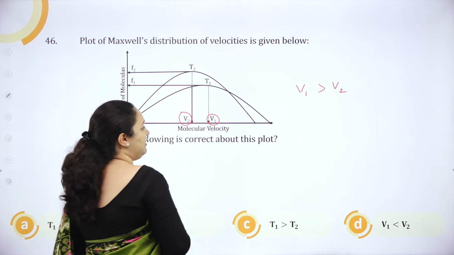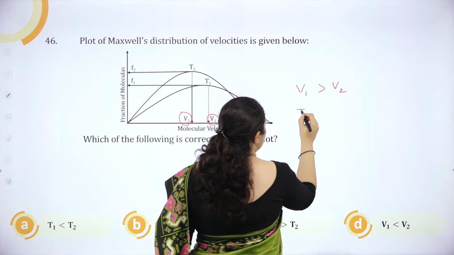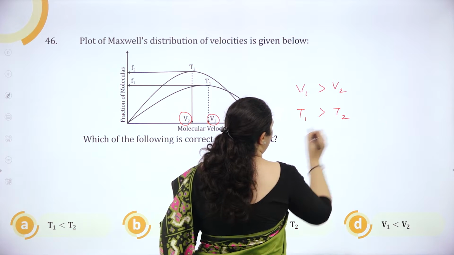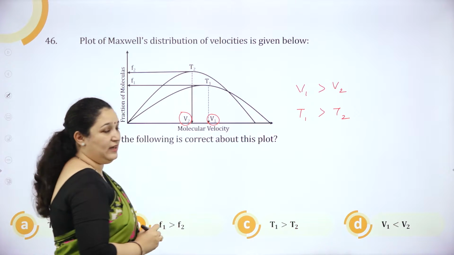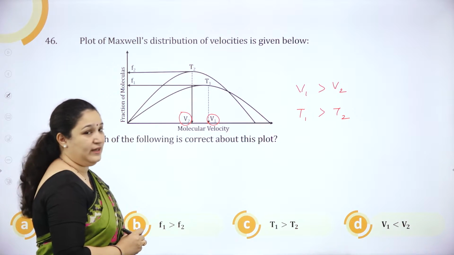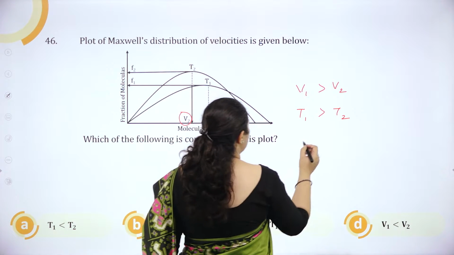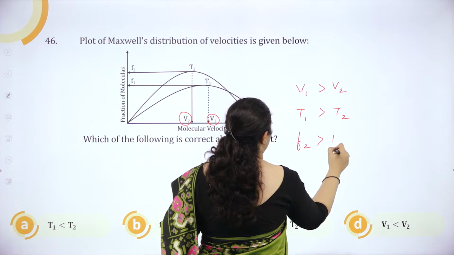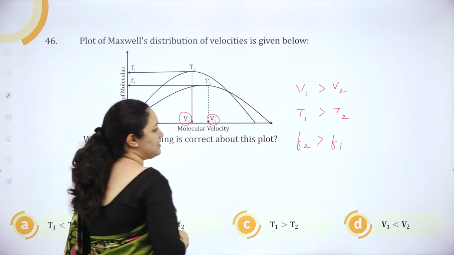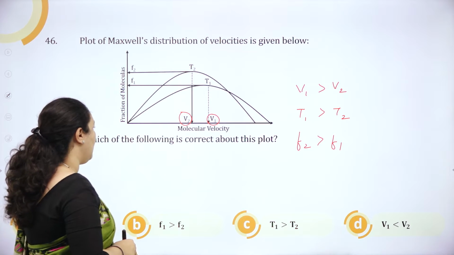That means, of course, T1 also should be greater than T2. From the y-axis, what I am getting is F2 is greater than F1. So we'll see which is the correct option.